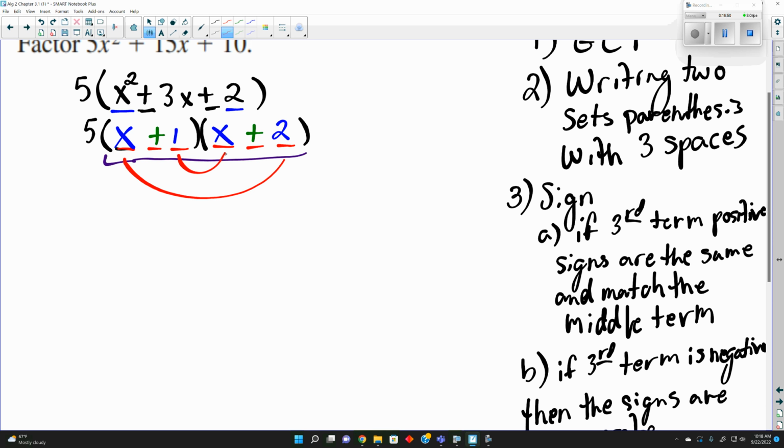I'm focused on those because they give us the middle term. Now, x times 2 is 2x, positive 2x, yes? 1 times x is plus x. And what is 2x plus x? Positive 3x, yes? What was the middle term that we want? Positive 3x, yes? Is that what we got?